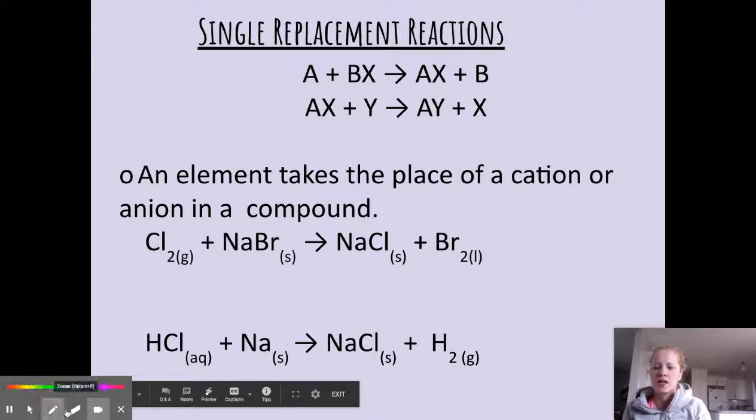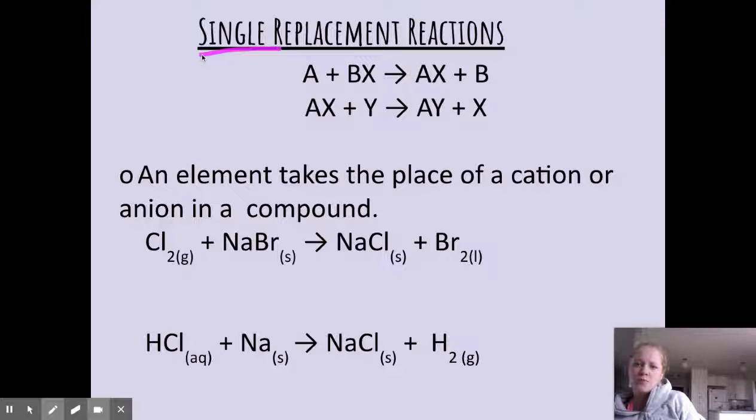Third type of chemical reaction, this is where they start getting a little trickier. Single replacements. A single replacement is when you have an element to start with and a compound.